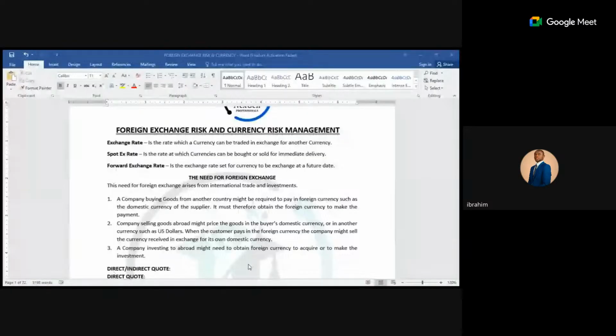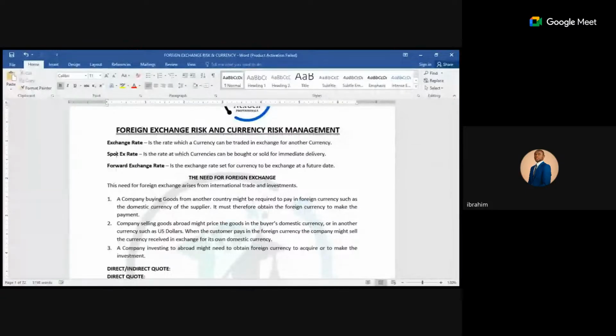Now, the need for foreign exchange. Why do businesses have to make use of foreign exchange? Because a company buying goods from another country might be required to pay in foreign currency.